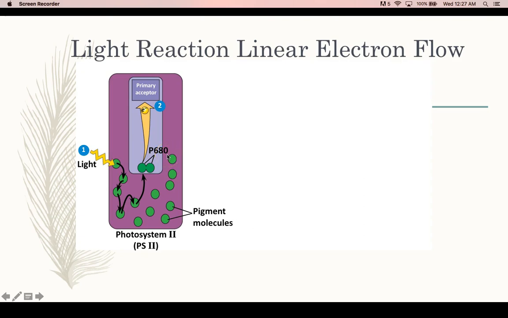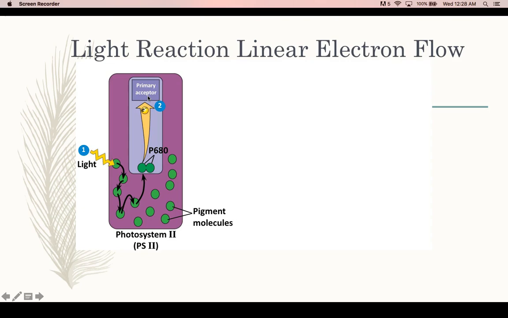So, as I was saying, when the energy is passed from the pigments to P680, the electron gets excited, and when it gets excited, it jumps up to a higher level. We know when electrons get excited, they jump up a level. So when it jumps up, it is going to be accepted by a primary electron acceptor.